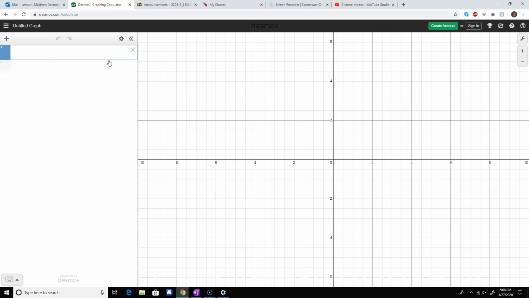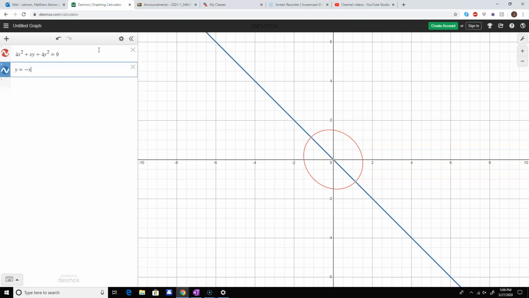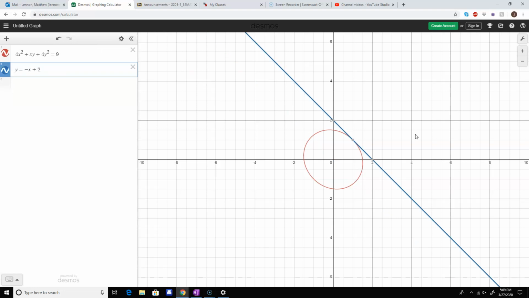So we have our first curve, 4x squared plus xy plus 4y squared equals 9. So we've kind of got this weird oval looking shape. It's probably an ellipse actually. And then we want to look at the equation of our tangent line, which is y equals minus x plus 2. And as we can see, that is perfectly tangent to our ellipse at the point (1, 1).